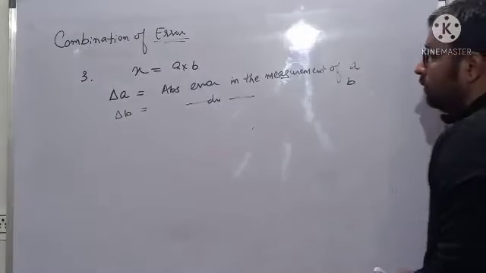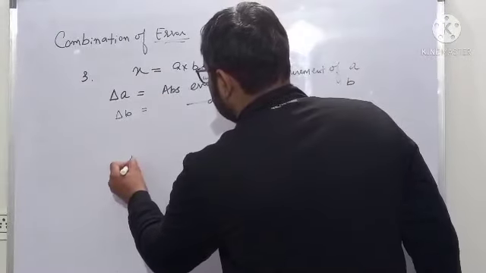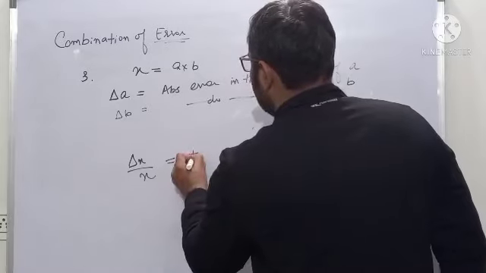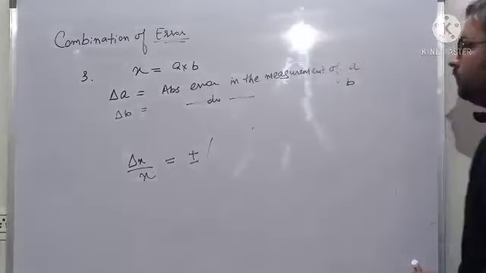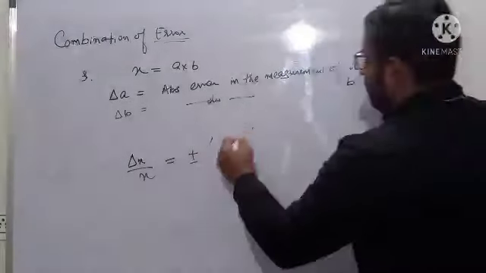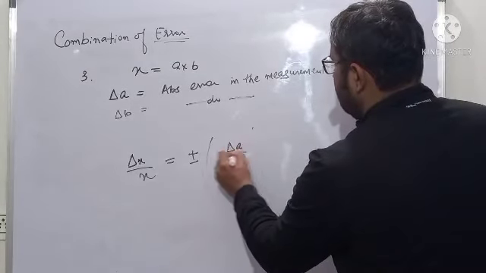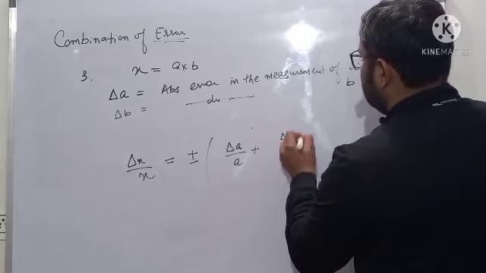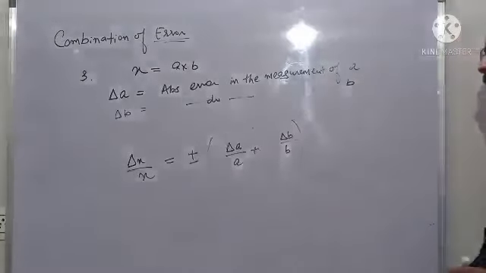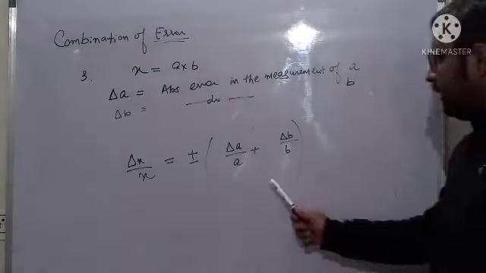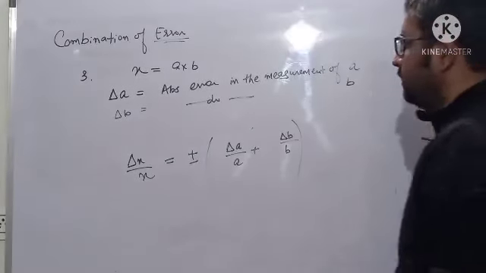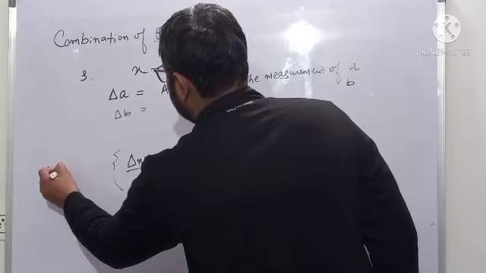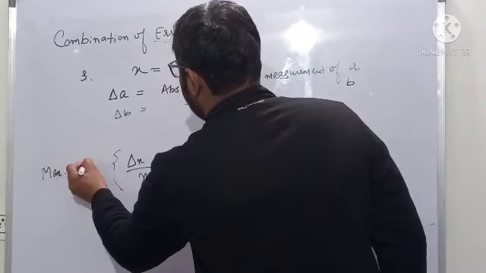That we have to find out. The maximum fractional error will be equal to plus minus the fractional error in A, delta A by A, plus the fractional error in B, delta B by B. This would be my maximum fractional error in quantity X.